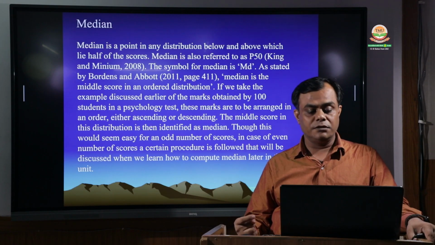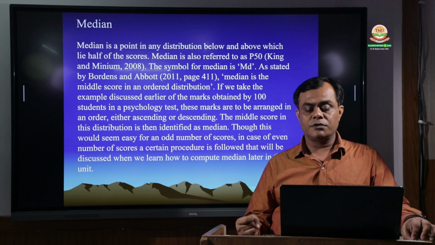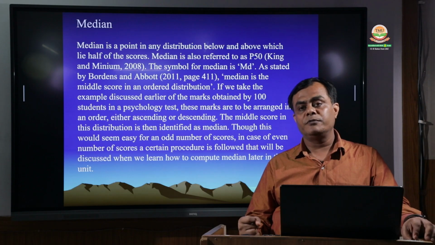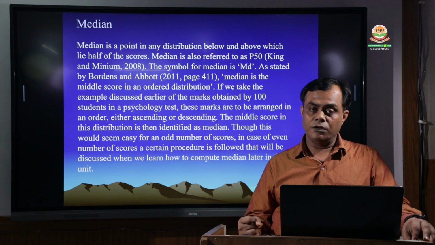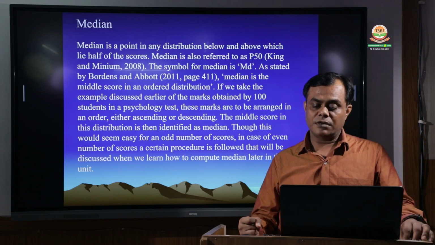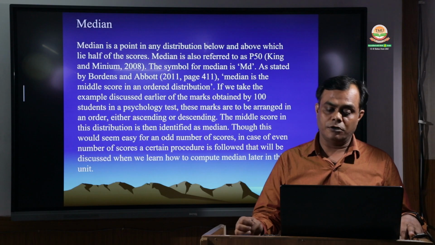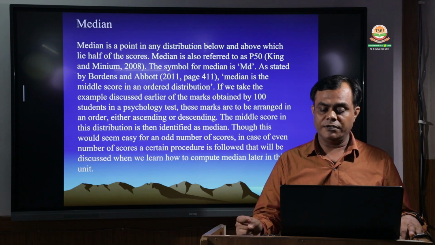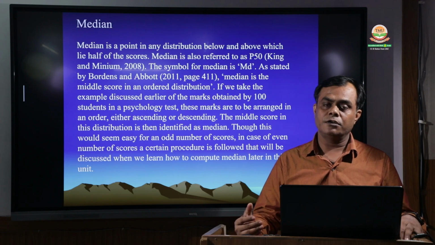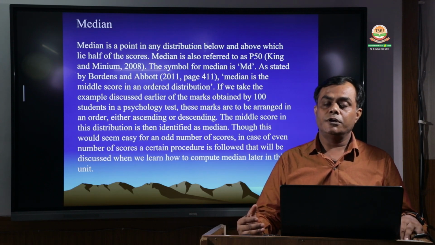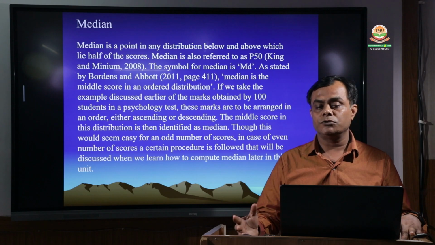If we take the example discussed earlier, the marks obtained by 100 students in a psychology test, these marks are to be arranged in order, either ascending or descending. Whatever marks we have, we divide the whole set into two groups.